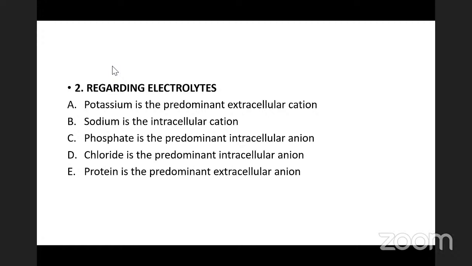We said phosphate is the predominant intracellular anion. So D is false. Protein is the predominant extracellular anion. That is false. It is chloride. Okay. So let's move to the next question.